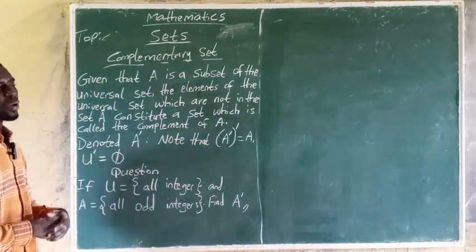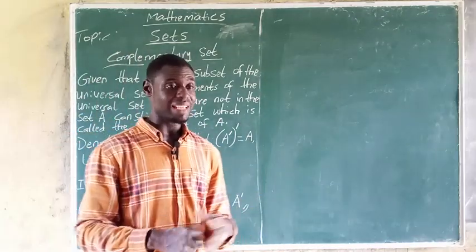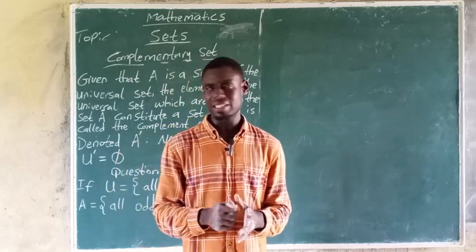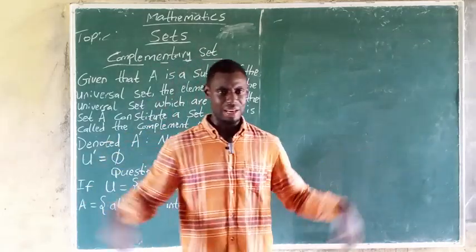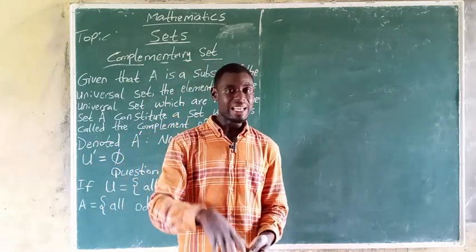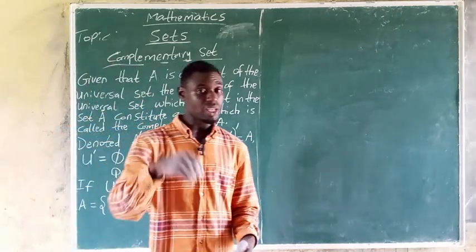Now, when we talk about the complement of the universal set, just like what I was explaining in our previous video about the universal set, when you see a boundary or an environment, and a person is not found inside the family, that person is a stranger.